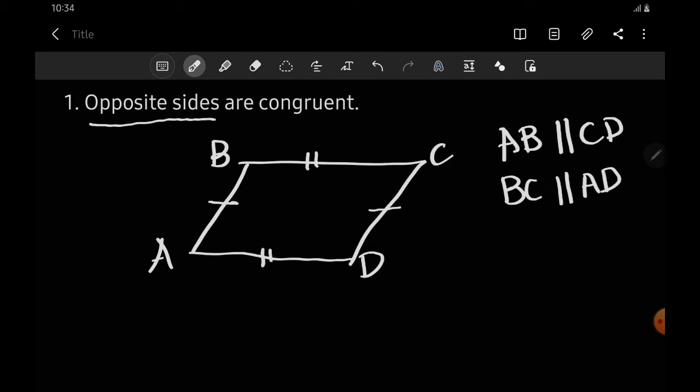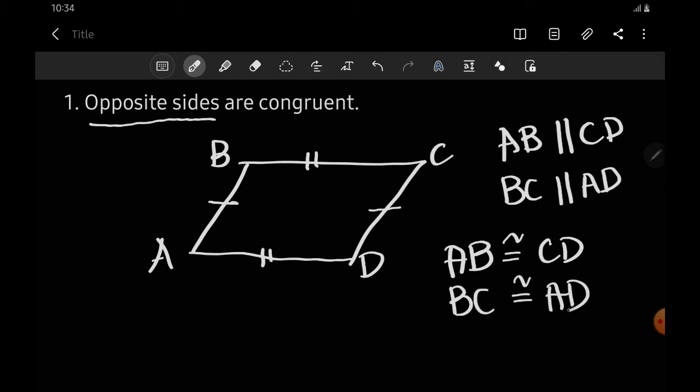Those parallel sides are congruent. So we can say that AB is congruent to CD and BC is congruent to AD.